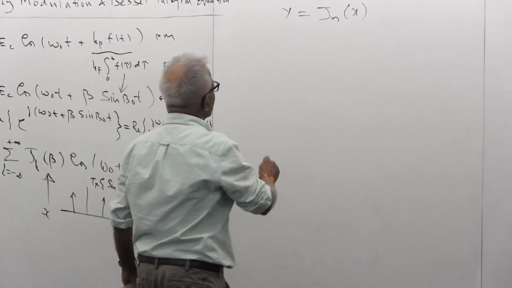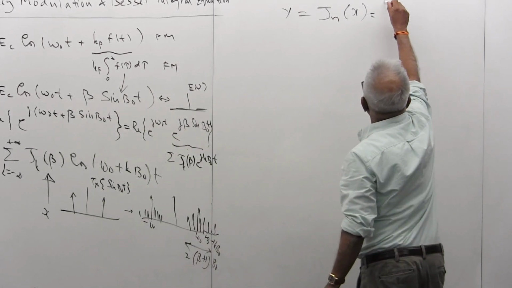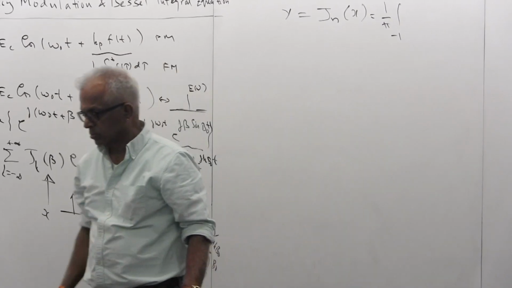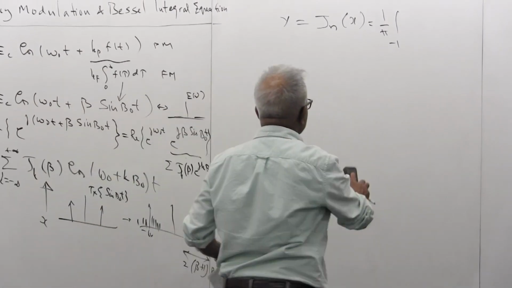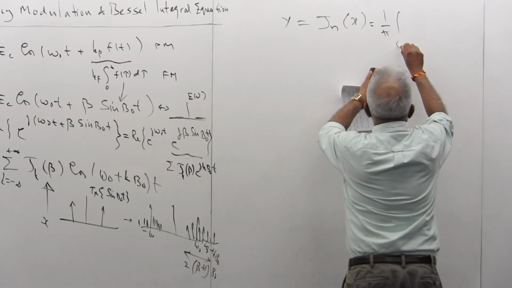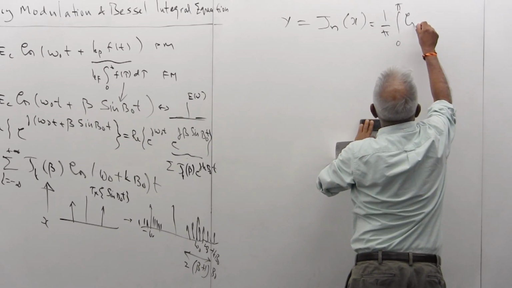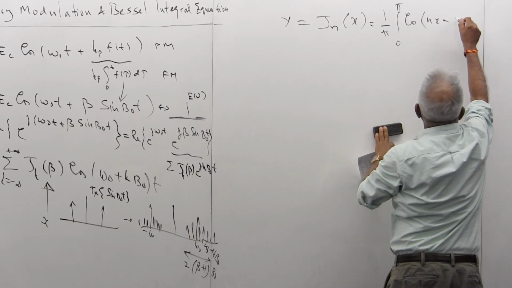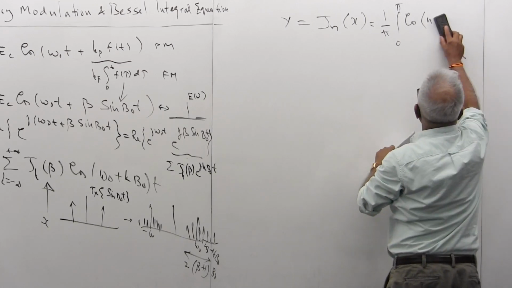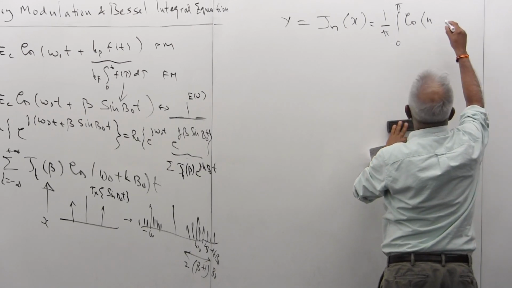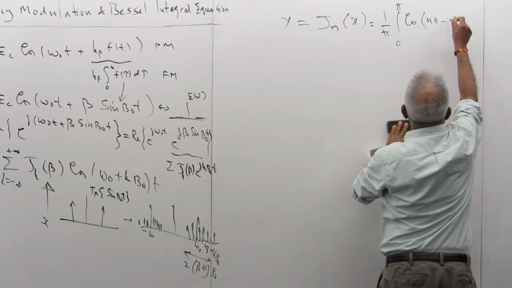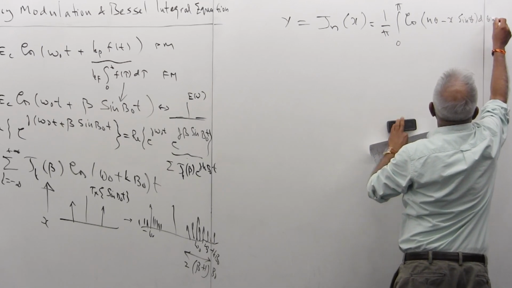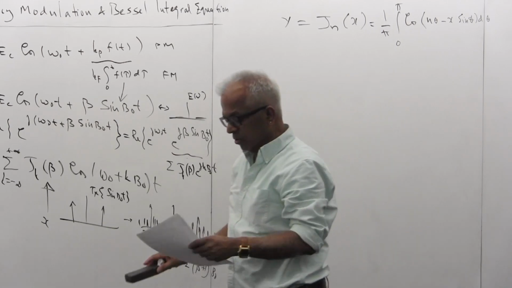And so this is 1 over pi, 0 to pi cosine of nx minus, so I'll use some other way, since I used x there, n theta minus x sine theta d theta. That's y of x.